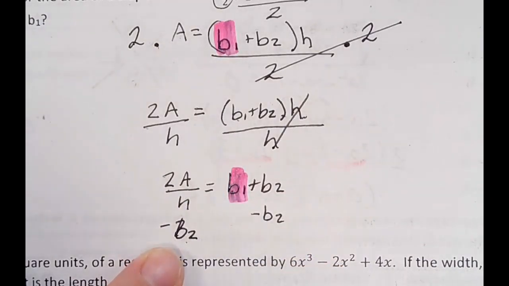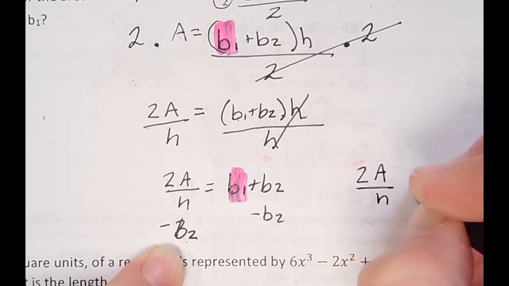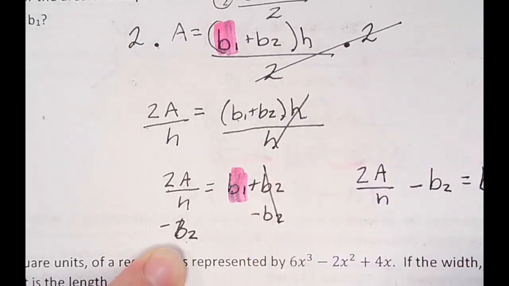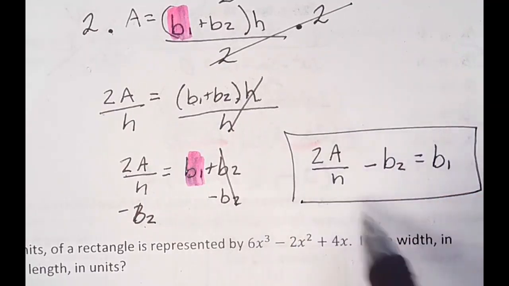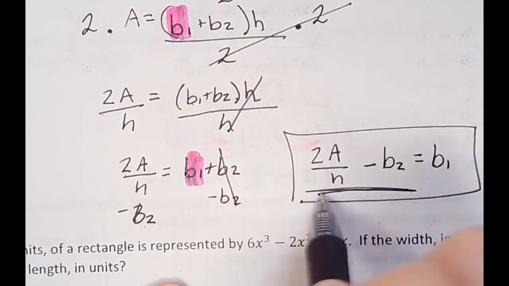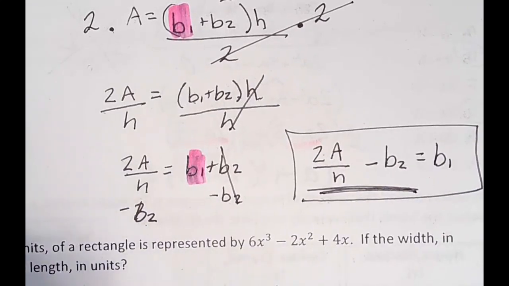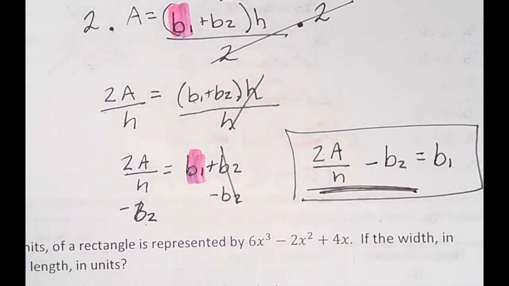I cannot combine them, they are not like terms, so I leave it as 2A over H minus B2 equals B1. These B2's cancel. This is my final answer. I need to identify which one has this. So 2A over H, okay, that's this one, minus B2, so B is my answer.